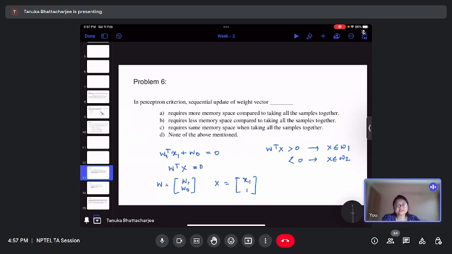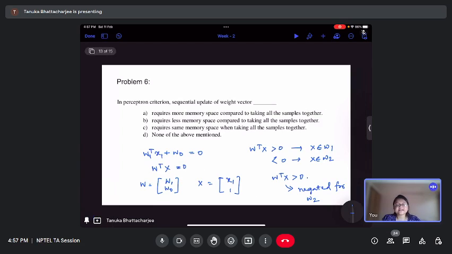Now you have negated the X, so your W transpose X becomes greater than 0 for class omega 2. So we just negate the samples of class omega 2, so that now all samples have W transpose X greater than 0 whenever they are correctly classified. But here this X is negated for class omega 2. So this is the setting in the perceptron criteria.